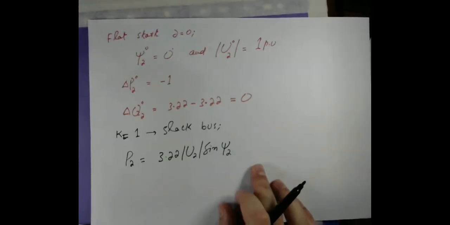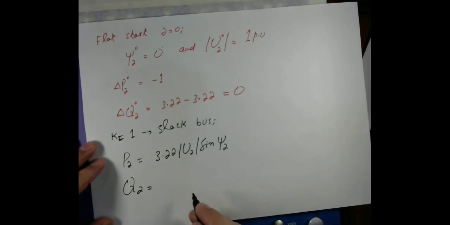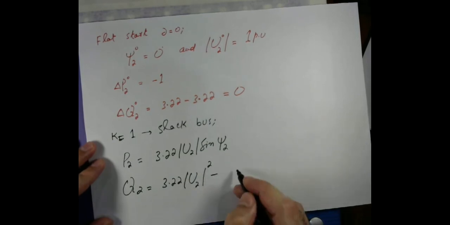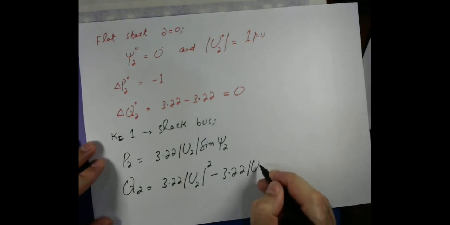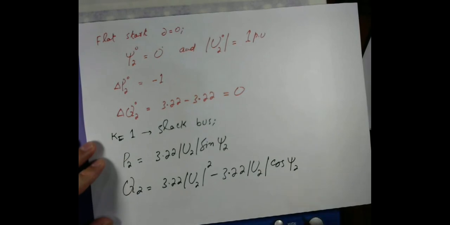So the Q2 will reduce to 3.22 U2 square minus 3.22 U2 cos of psi 2.